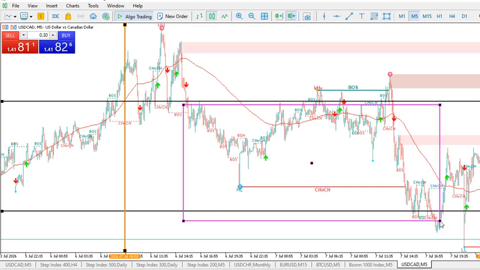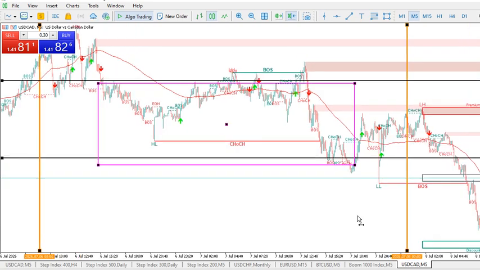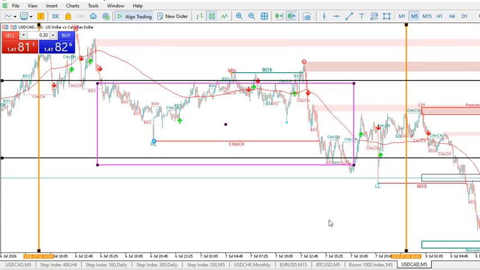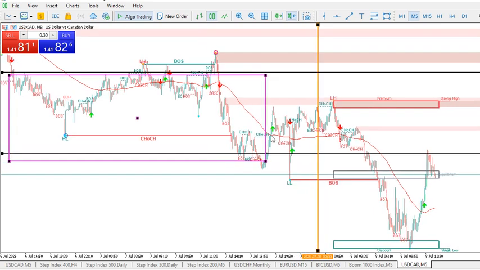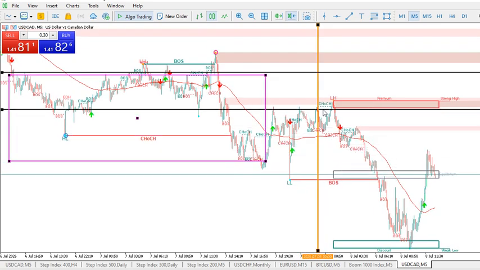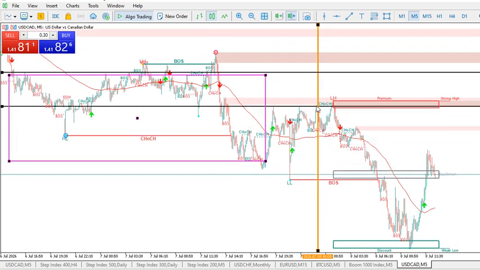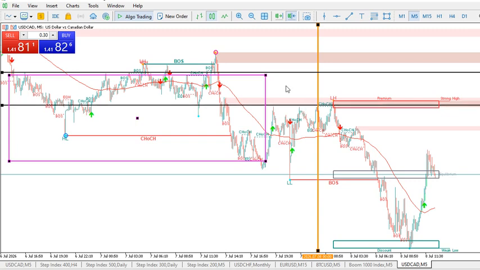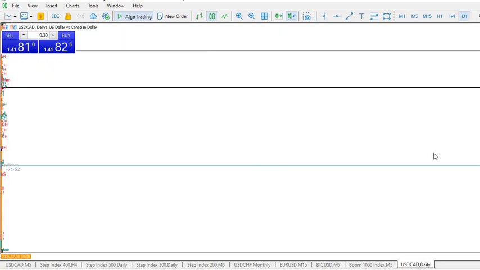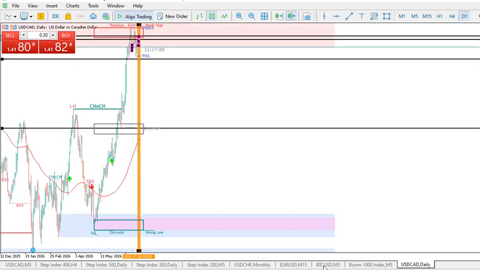This was the level we locked in right there. Locked in the profit right down to this level. Beautiful trade. So the one for today, this is the level for today. Go back to the daily so that you see clearly.